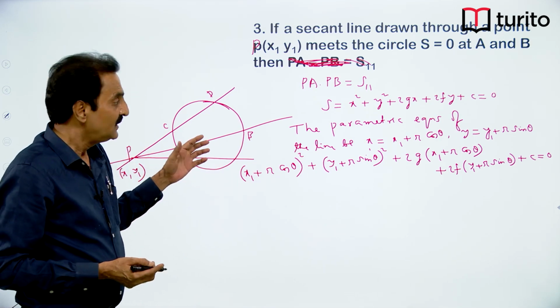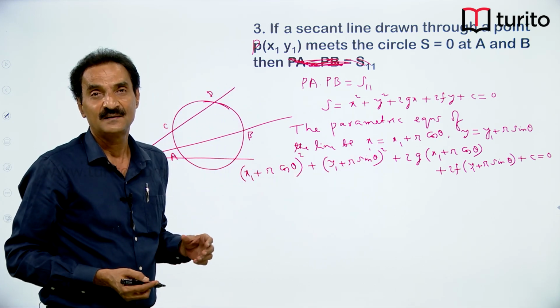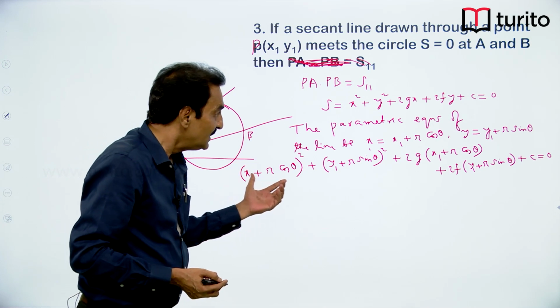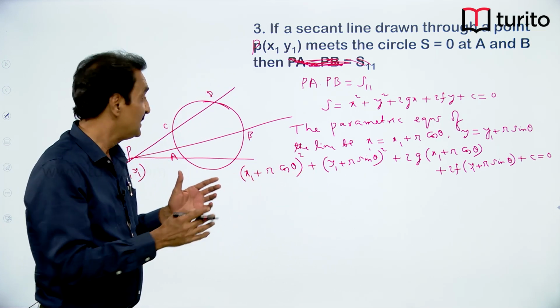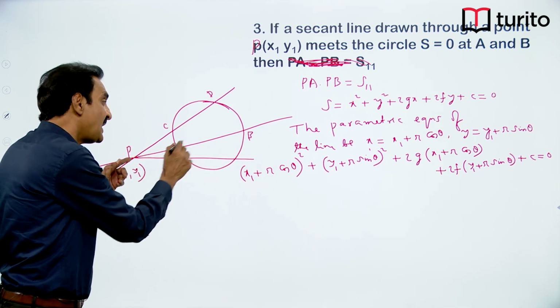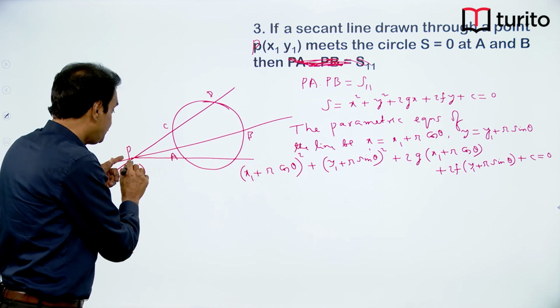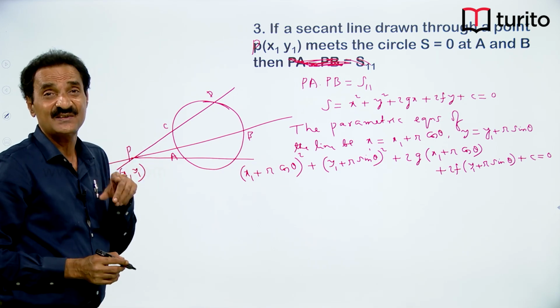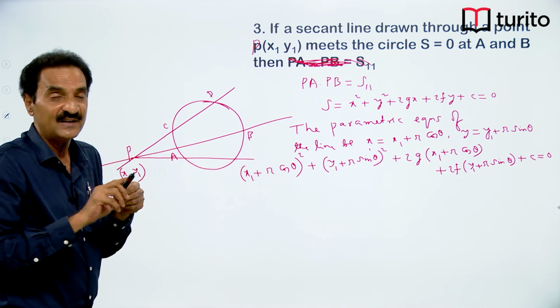Here, this is a quadratic equation in r. So, the roots of r in the quadratic equation will be the signed distances of A and B from P. Why am I saying signed distances? Signed distances will have either plus sign or minus sign.